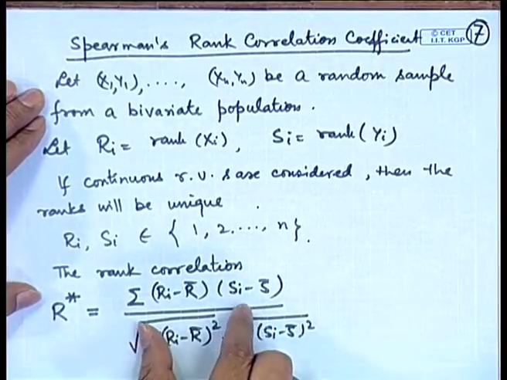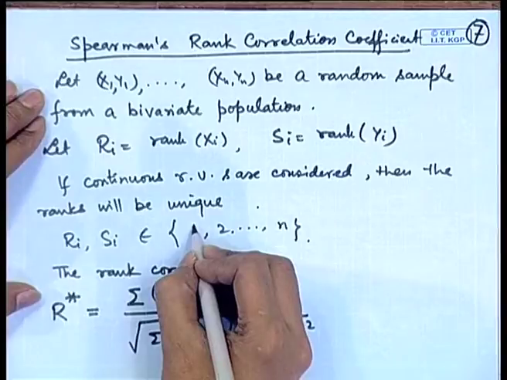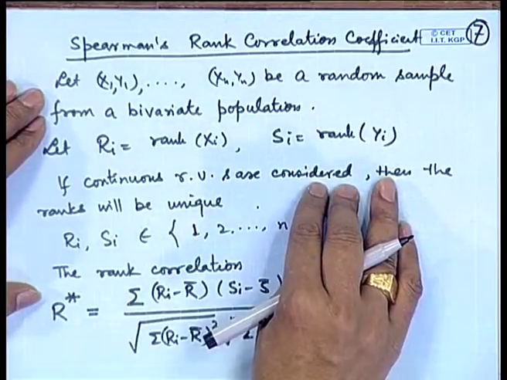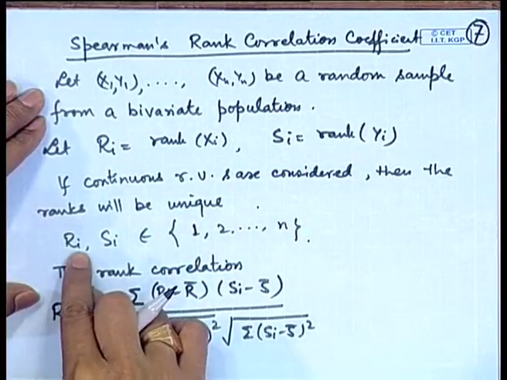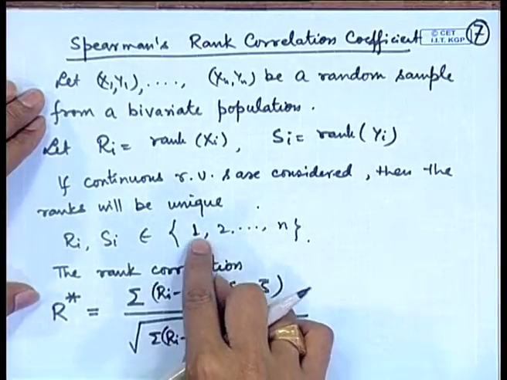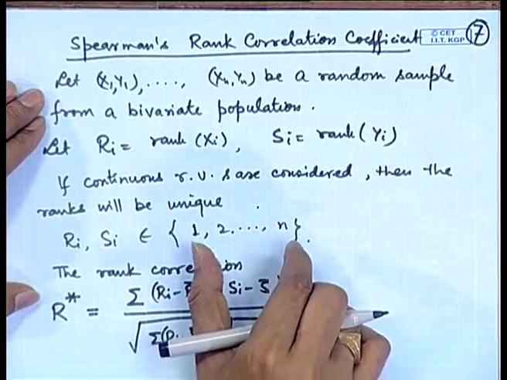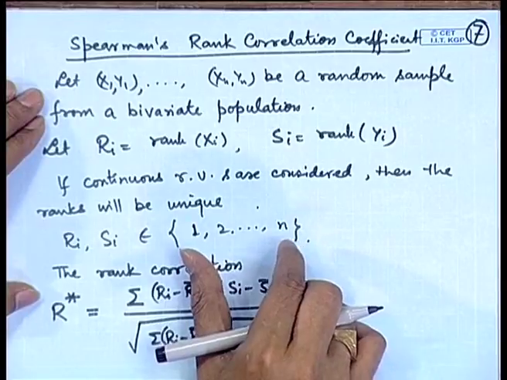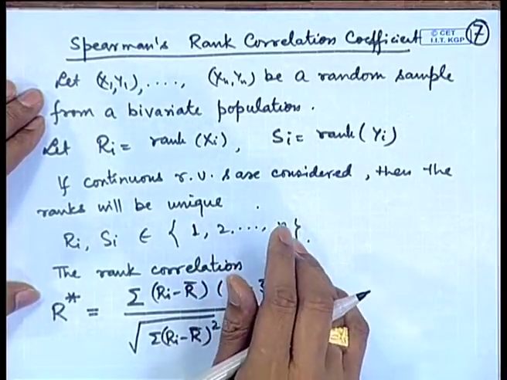Now, if we are making use of the ranks and if we are making this assumption that continuous random variables are there, then these values of R and S are between 1 to n only, and all the values are considered here. That means, if I look at sigma Ri, this will be the sum of the numbers 1 up to n. Similarly, Si's they will be 1 to n.